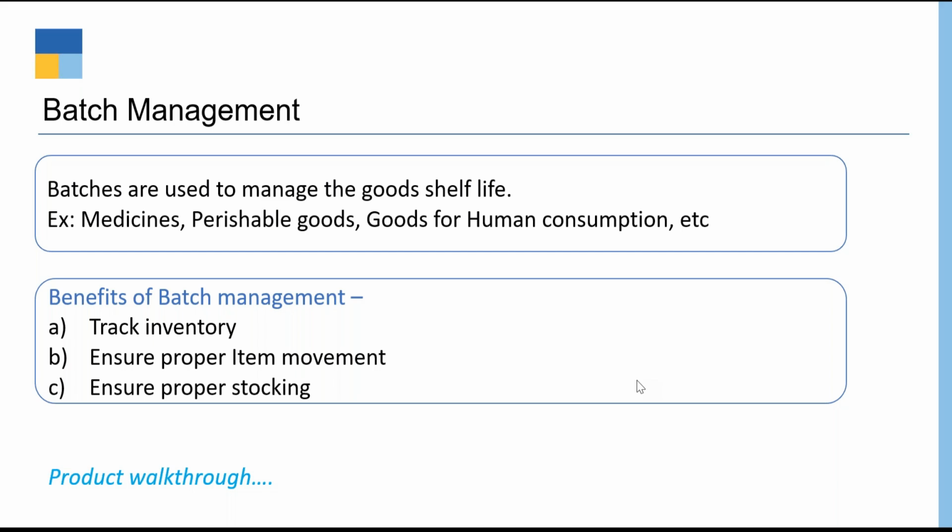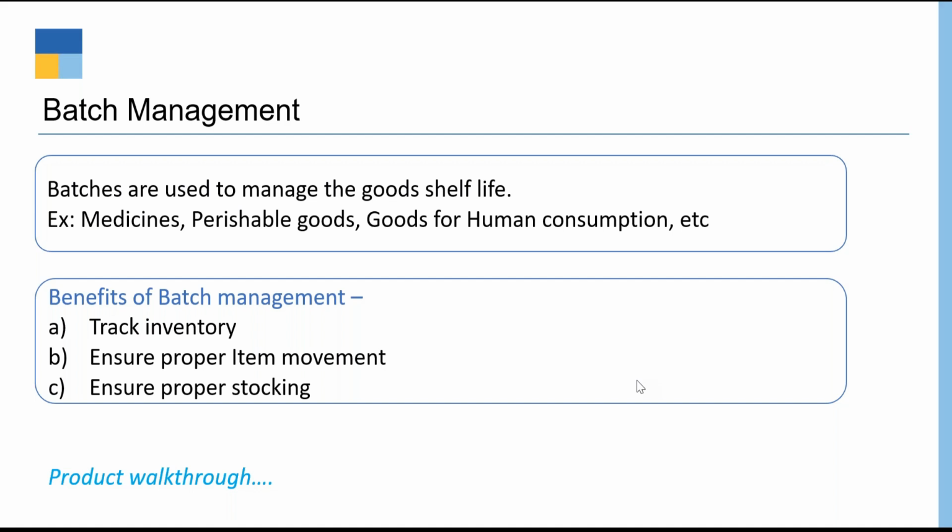So whatever food related items you are dealing with, any particular stock item which has a shelf life, that is, a specific life within which it has to be consumed, those kind of items will be managed under the batch management feature.